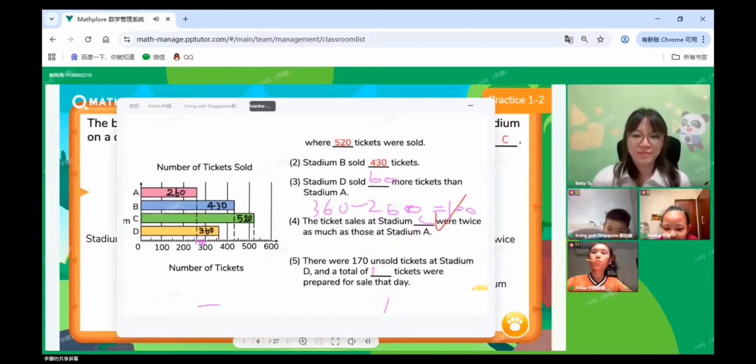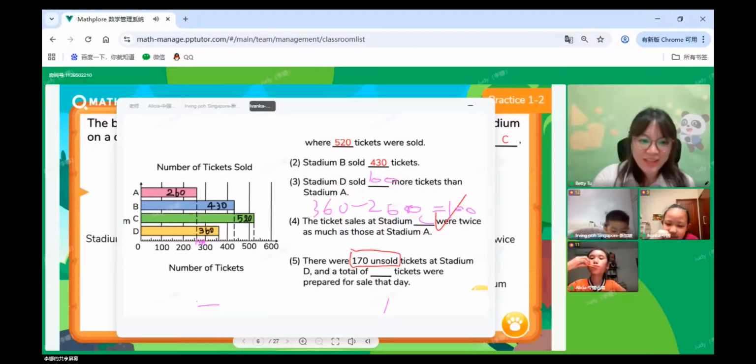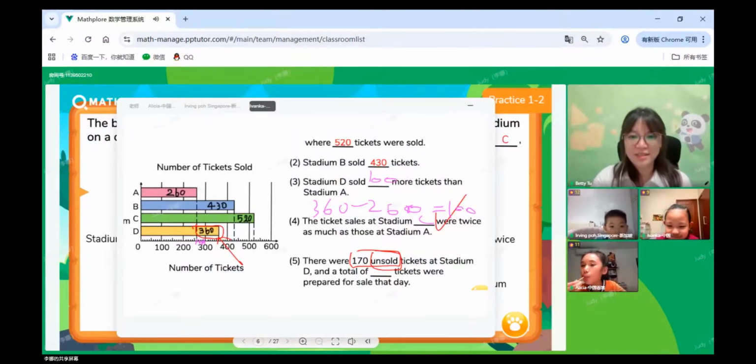Unsold tickets plus sold tickets in stadium D. So that's the tickets prepared at the very beginning, right?